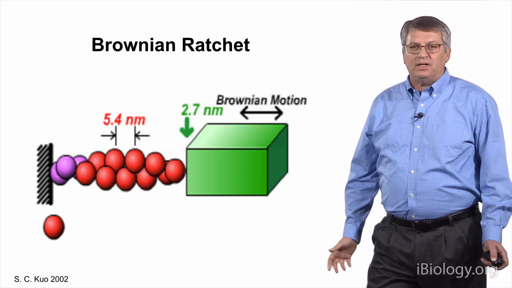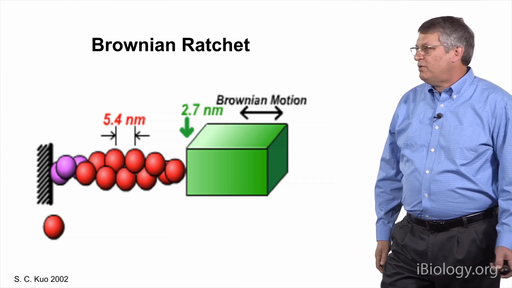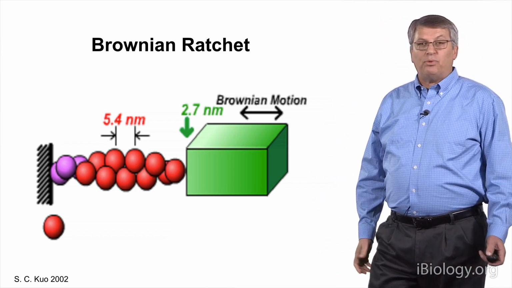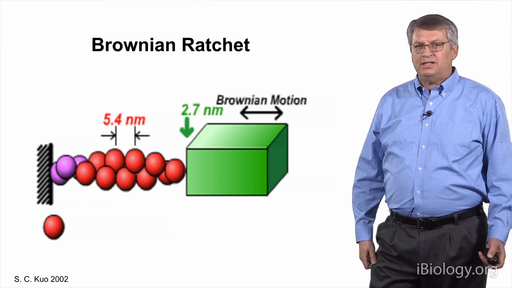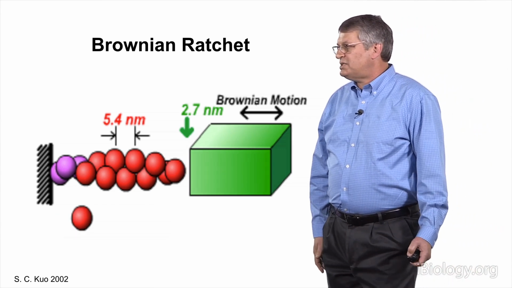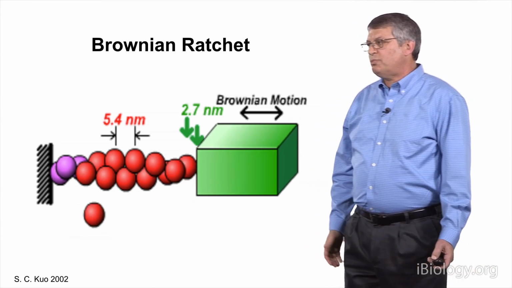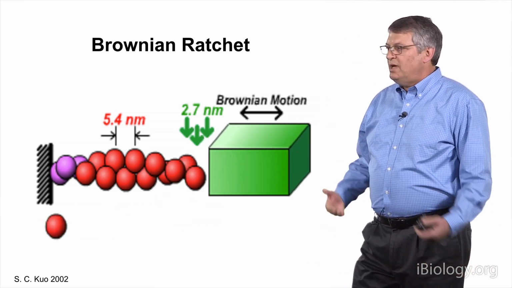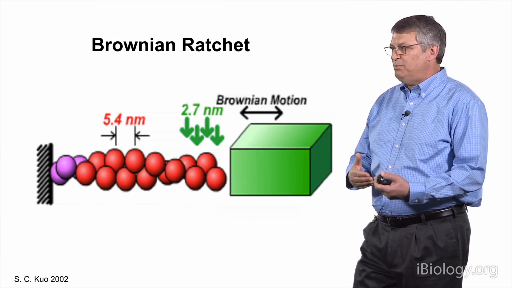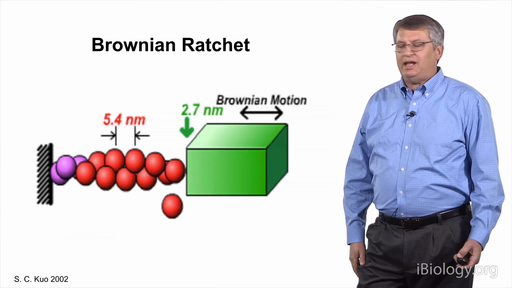This is a really nice animation made by Scott Kuo at Johns Hopkins. The idea is that there's a Brownian ratchet at work, an idea put forth by Peskin, Odell, and Oster. In this system, there's thermal energy, or Brownian motion, and as the end of the filament and the object that's being moved move apart from each other, new subunits can add.